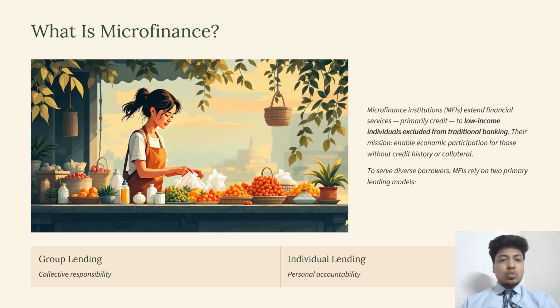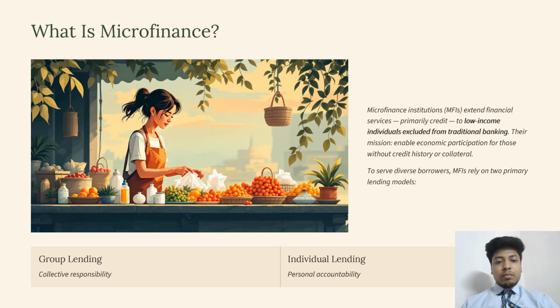Basically, there are two primary lending models. Because borrowers come from different backgrounds, MFIs generally rely on two distinct models to manage risk and support growth. The first one is group lending. This model is built on collective responsibility.